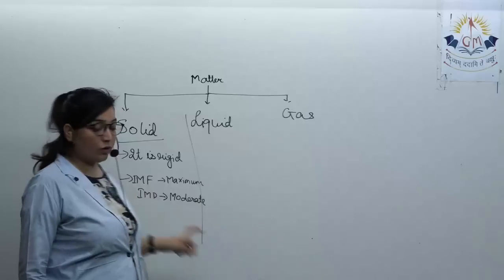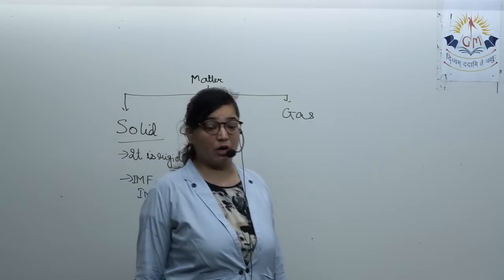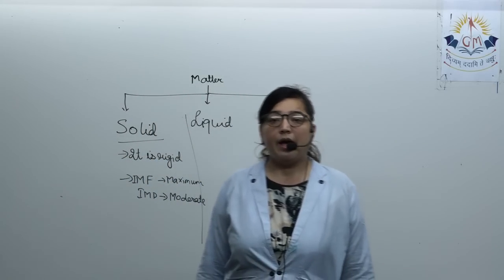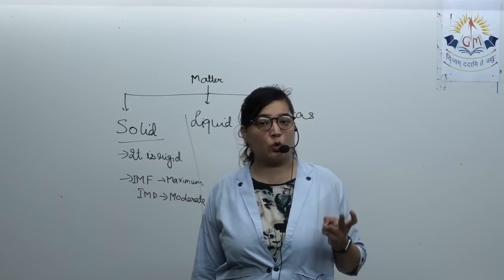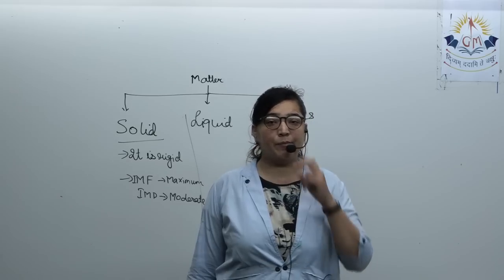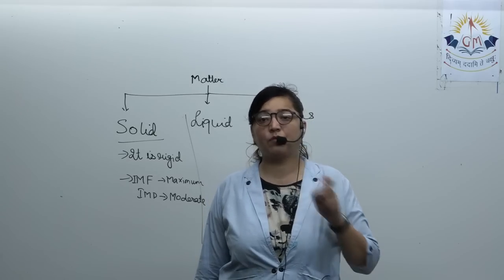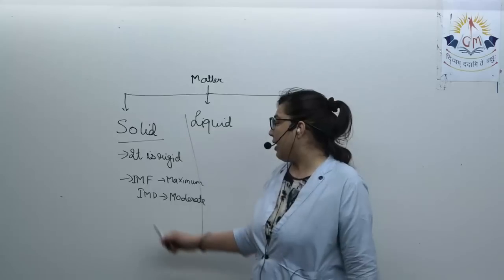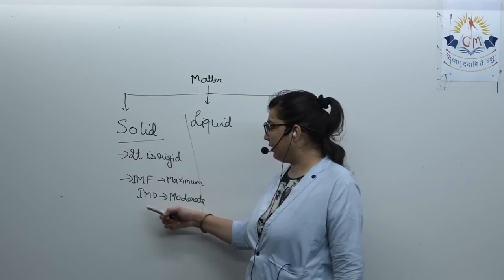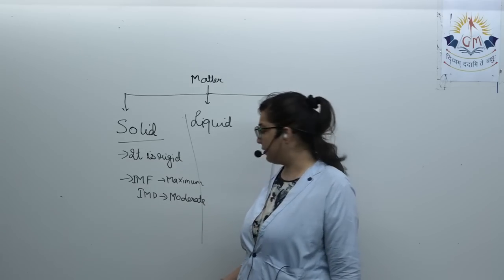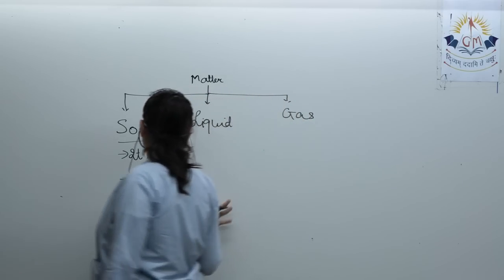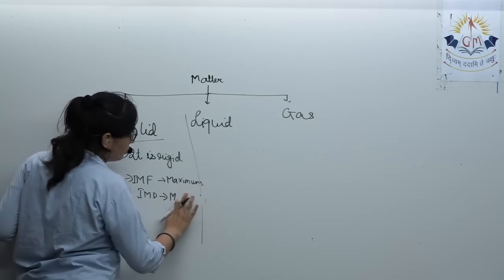This might be a new term for you, intermolecular force. Intermolecular force means force between two molecules, IMF. IMD is intermolecular distance. Here, instead of moderate, you can say it's minimum, almost zero.